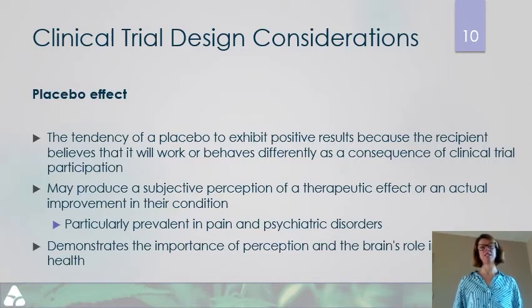And really this just demonstrates the importance of perception and the brain's role in both physical and mental health. But it's just something that you need to take into consideration when you are looking at data. You need to look at whether or not there was a control group, was it placebo, was it standard care, how much of the effect will have been through placebo effect.